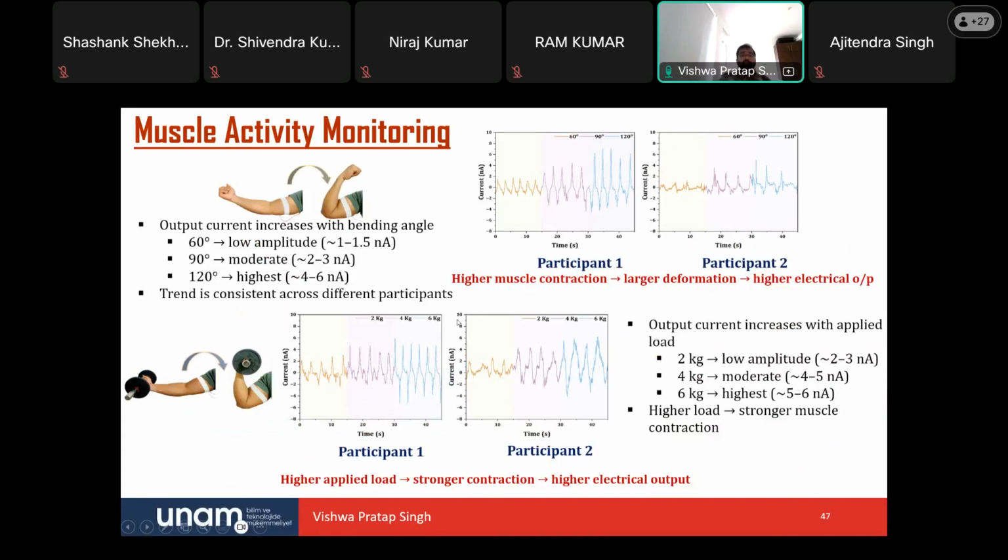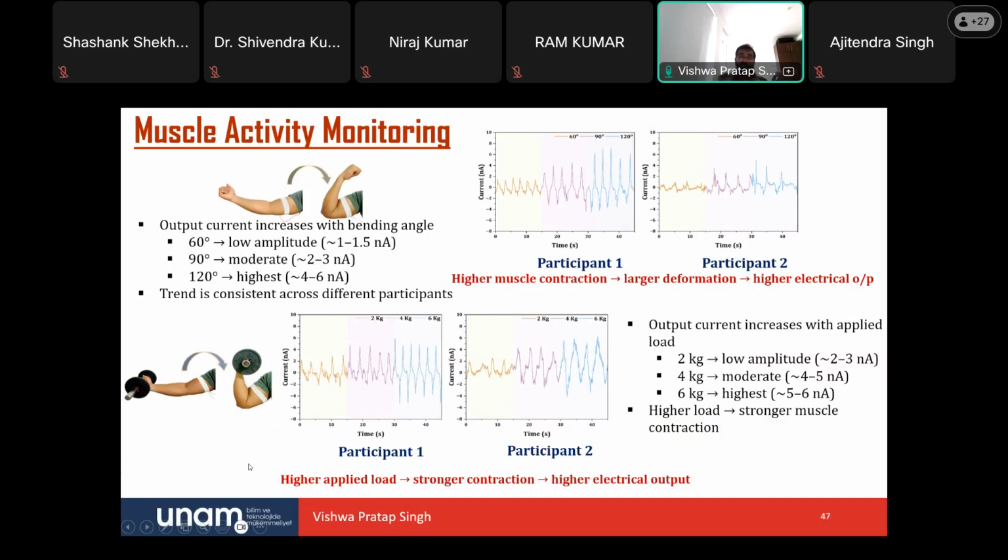So the person was asked to bend at a different angle, different frequency. We got the performance changing according to the different angle and different frequency. Also we asked him to lift a different weight at different angles. On lifting different weights, we have different performance, different voltage we will get.